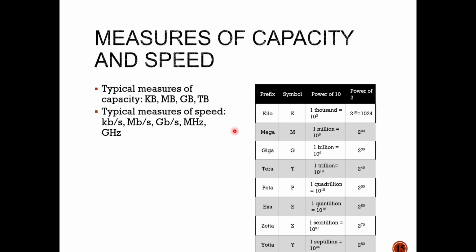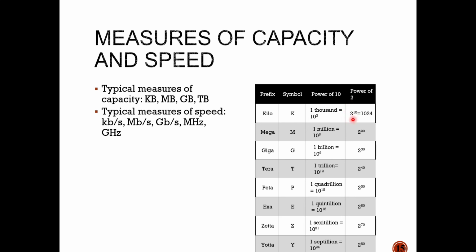So, this is when we get into the course of measures of capacity and speed. Typical measures of capacity that we have in computers are kilobytes, megabytes, gigabytes, and terabytes. For the kilobyte, or kilo, it's 10 to the third. But when we're talking about computers, we're talking about powers of 2.